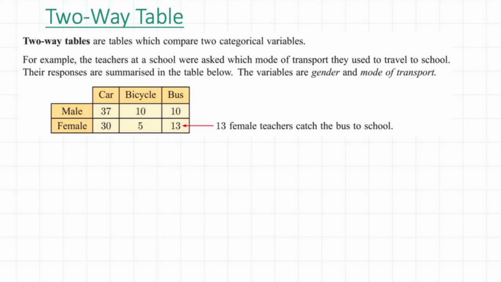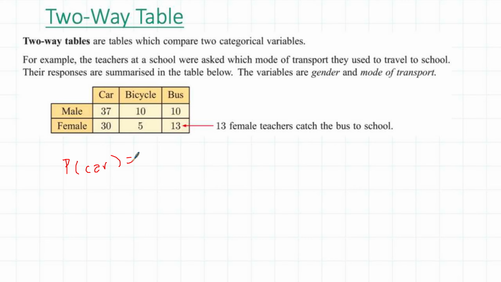So two-way tables are used when you have two categorical variables. So if we look at this question, a teacher was asked for the mode of transport they use to travel to school and the gender. So based on this, these are actual just numbers, not probabilities. I can answer, for example, the probability that someone would travel with a car.